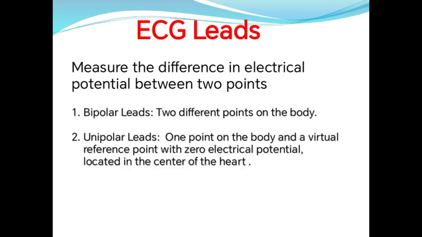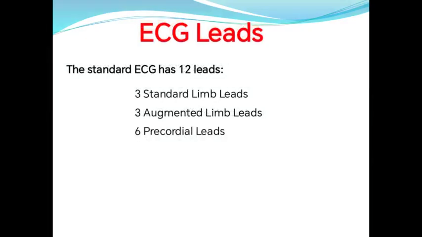Okay, you will see this here. For the ECG leads, we have a standard 12-lead ECG: three standard limb leads, three augmented limb leads, and six precordial or chest leads.